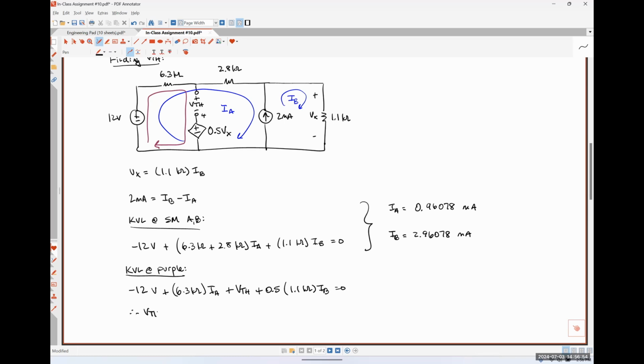Rearranging really quickly, our Thevenin voltage would then be 12 volts minus 6.3 kilo ohms IA minus, let's see, half of 1,100 is 550.